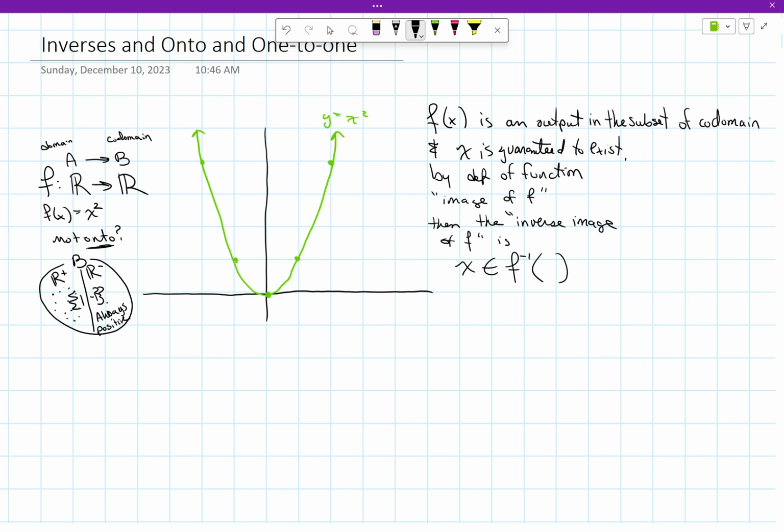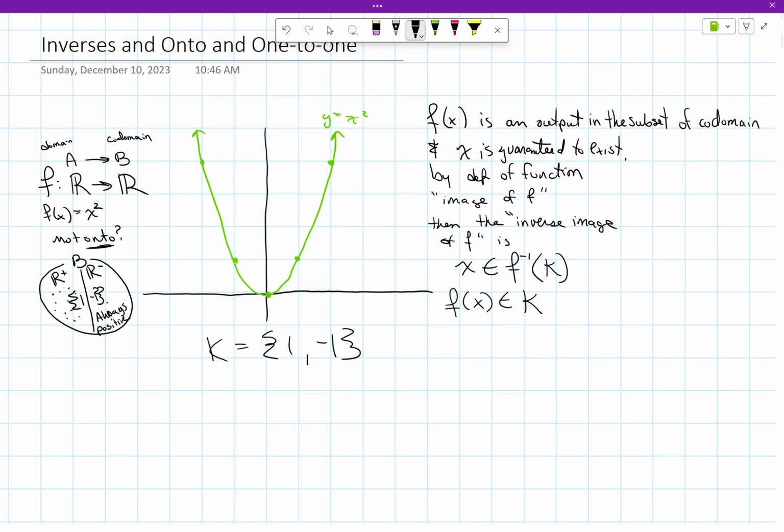And so I'm saying that x is guaranteed to be, if I say that f of x is inside of my subset, and I'm going to call it K, K equals 1 and -1, then f inverse is the inverse of that subset K.